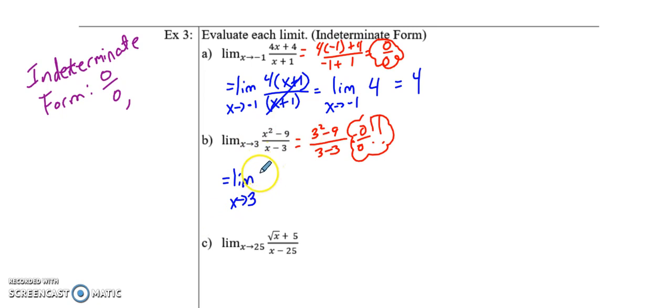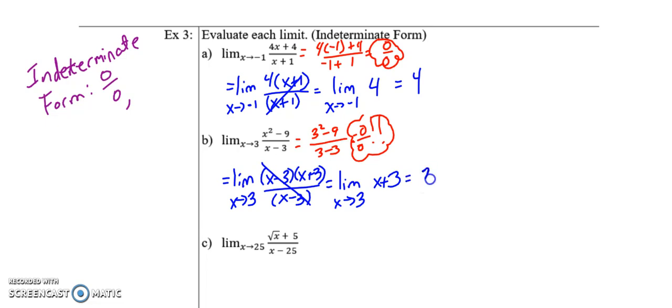Well, let's see here. x squared minus 9 can be factored: x minus 3, x plus 3 over x minus 3. Can we do anything with that? Yes, and then bye-bye. So this is an equivalent limit. We have an equivalent function, except at one number. Guess what that number is?